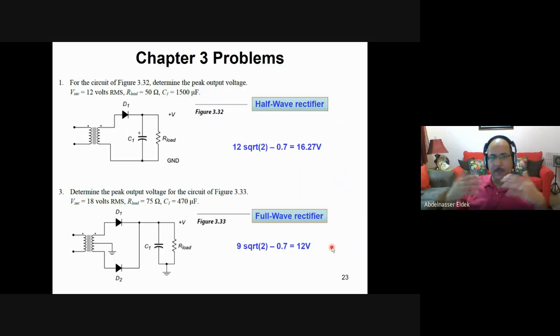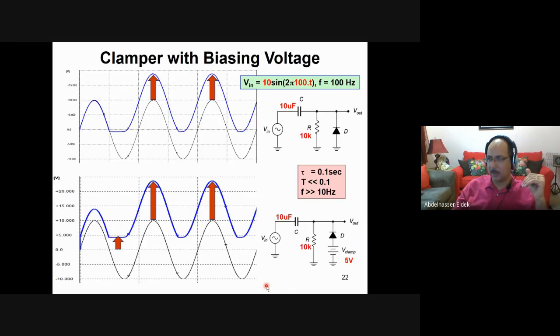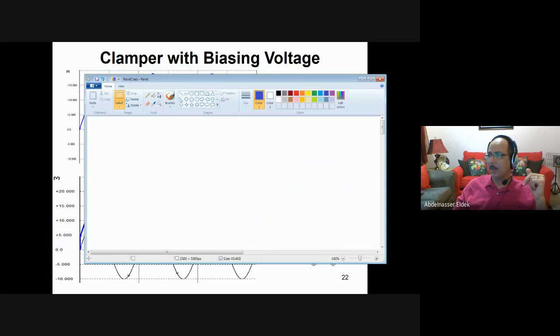But usually, of course, you don't need to add a DC power supply, because if you have a DC power supply, then you can add the voltage if you want. If you have just a voltage source, then you don't need this. So imagine that you have, for example, a voltage source like this, and this is a sine wave like this.